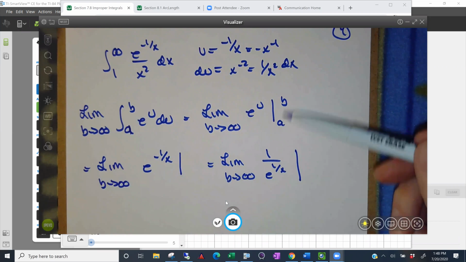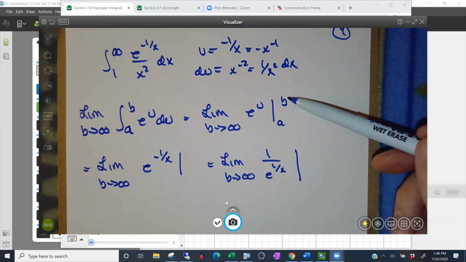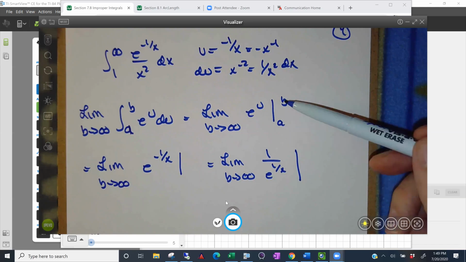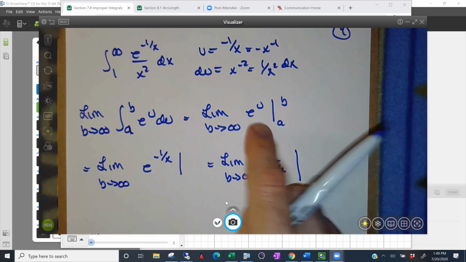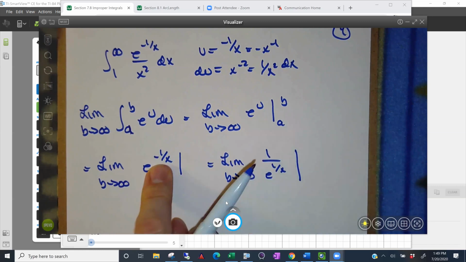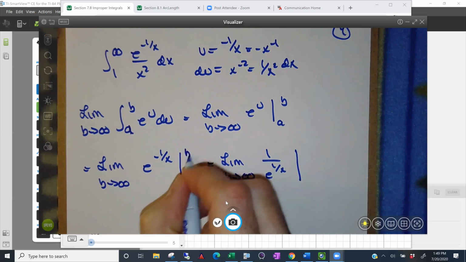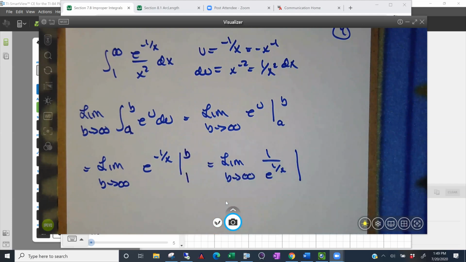But what I want to do is go back eventually to x's, which is why I'm temporarily putting a to b. So that when I find the antiderivative here and I go back to x, now I can go back to my original limits, which would be 1 to b, not 1 to infinity.